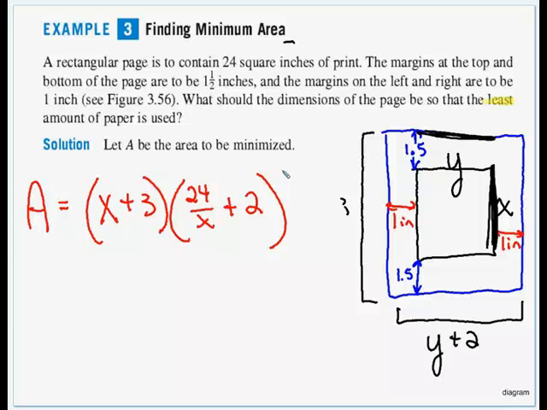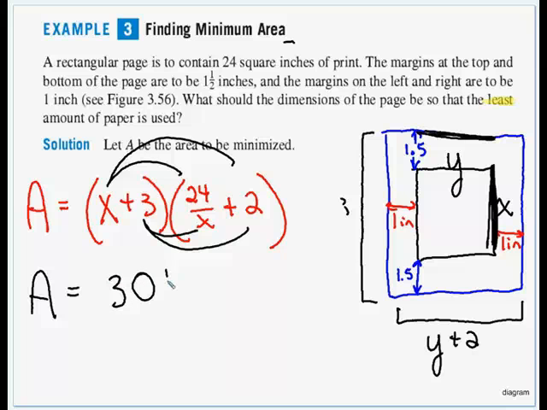Here we have a binomial, and we're going to FOIL it out. And in the essence of time, I'll just give us the FOILed out and completely collected, all our like terms collected. If you do it correctly, you're going to get 30 plus 2x plus 72 over x.